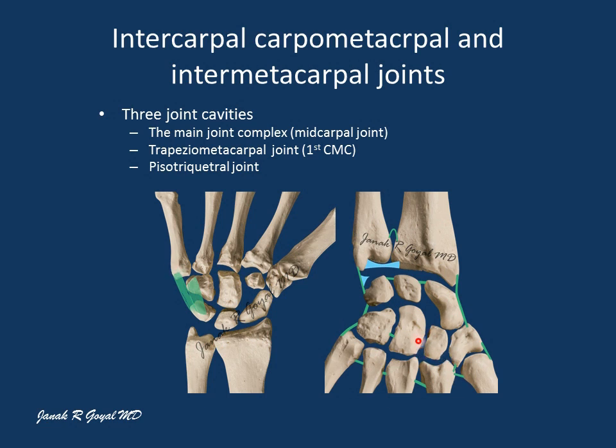Normally, there are only three separate joint cavities between this complex of articulations: the carpometacarpal joint of the thumb, the piso-triquetral joint between pisiform and triquetral, and the main complex of joints, the midcarpal joint, between all the carpal bones and the medial four metacarpal bones.